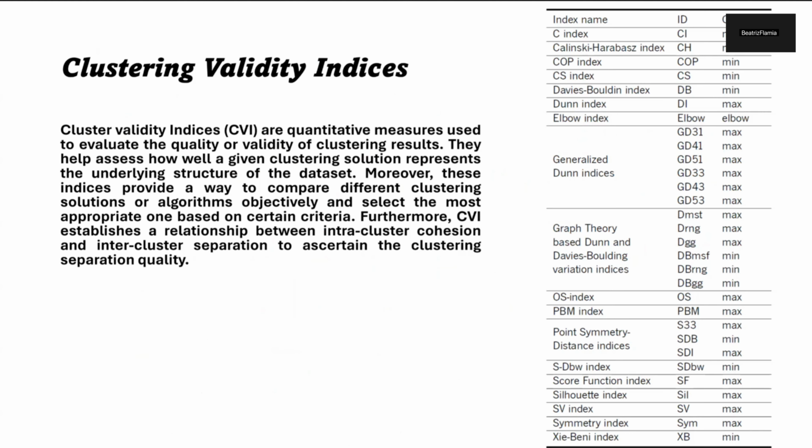So one of the ways that you can use to define if the solution is good or not, appropriate or not, is using the validity index. The problem here is we have a lot of them. Which one do we need to use in this case? It depends on the data, depends on the situation.